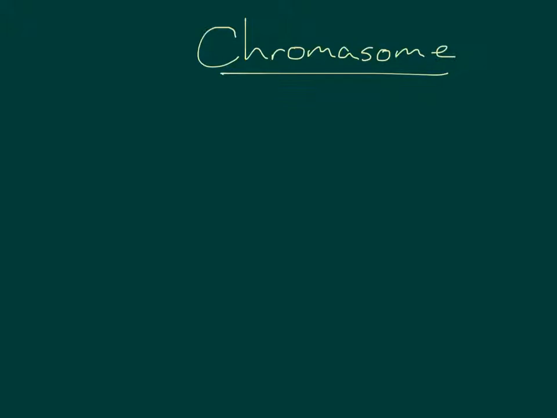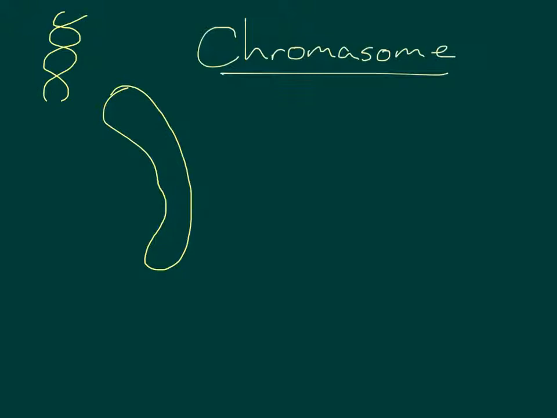So a chromosome, remember, is this molecule of DNA that has a shape. Usually they draw it like that. That's how we see it under the microscope, something that looks like that. Really, what we're talking about is a double-stranded DNA molecule that looks like a double helix. But a chromosome is all wound up.